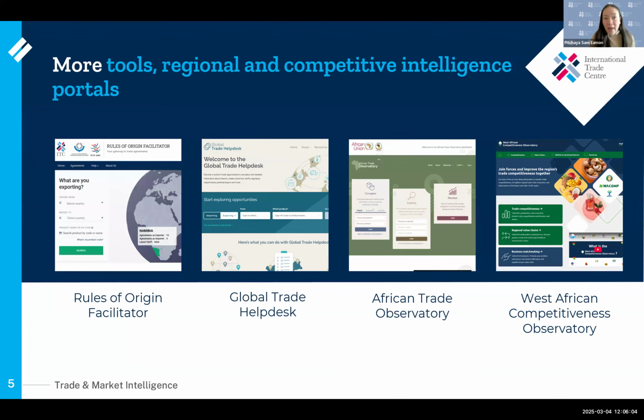It allows you to compare different preferential access conditions under different trade agreements, because over time we're part of different and new trade agreements, and you will be able to see the different criteria that you are required to comply with and choose the best one for you. Then of course we have the Global Trade Help Desk, African Trade Observatory, and other tools, but these are just some of the examples that I'm showcasing today.